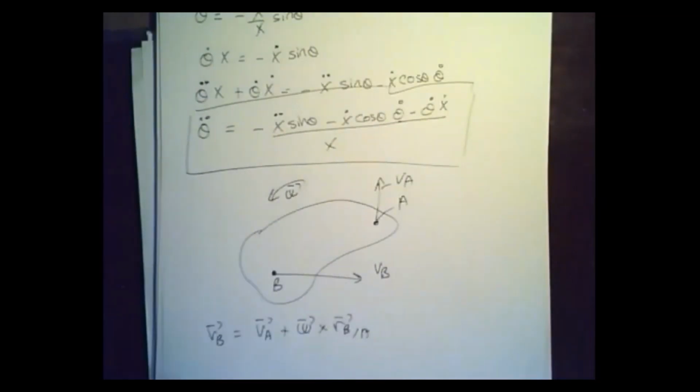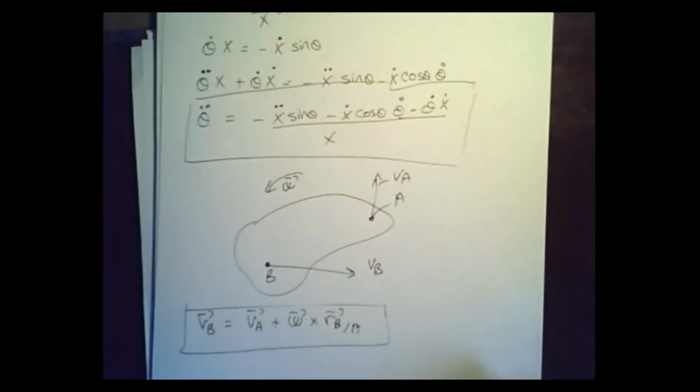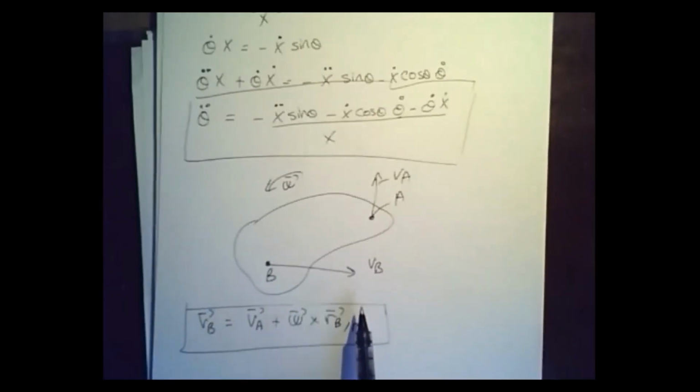And by the way, how many equations is this? This is actually 2 equations, because you have i and j. So you can write this equation in the i direction, and also in the j direction. You can use this to solve the system, and then you should be able to solve for omega, or the velocity of A, etc.